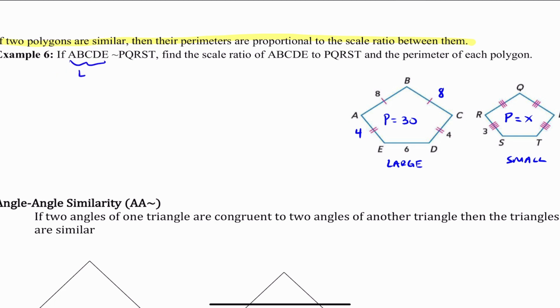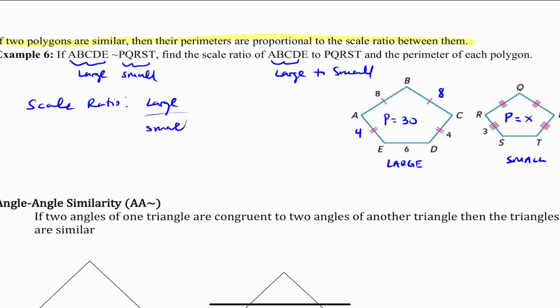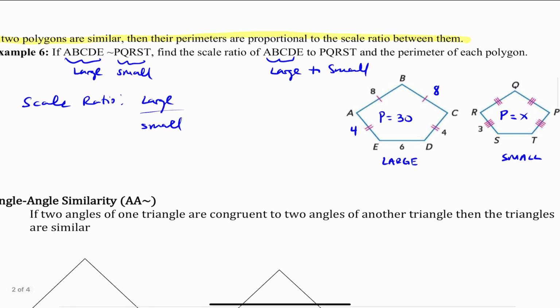Well, we know that this is my large figure and this is my small figure. So again, large to small. So to find my scale ratio, I'm going to go from large to small. Here I have CD, here are the letters CD.